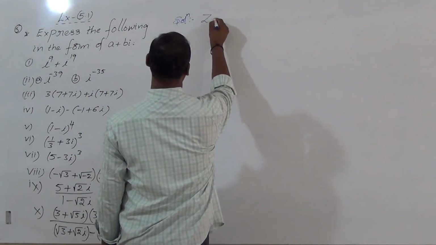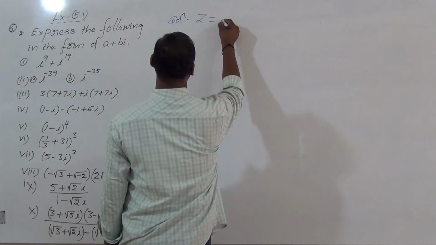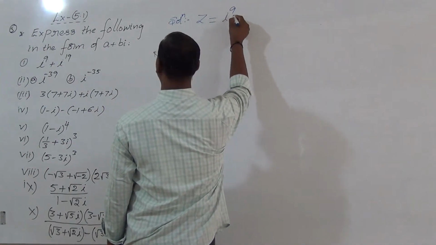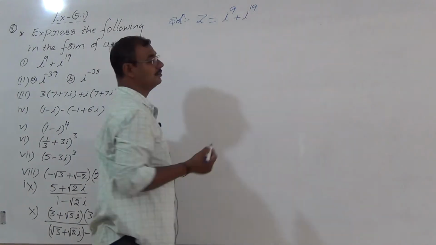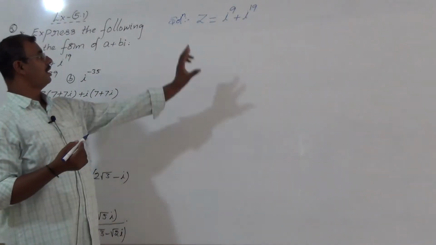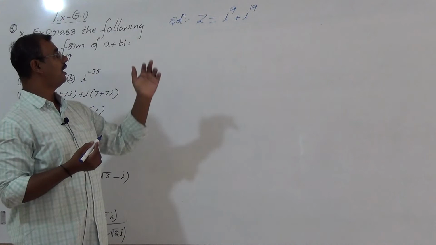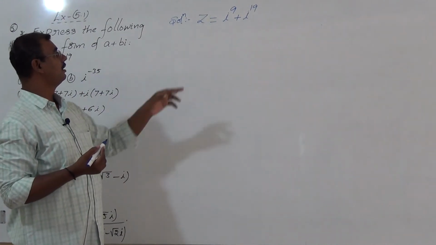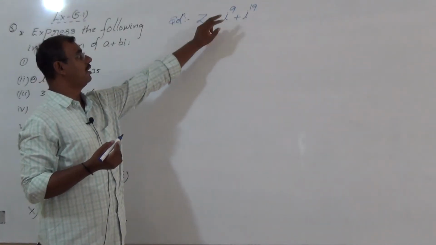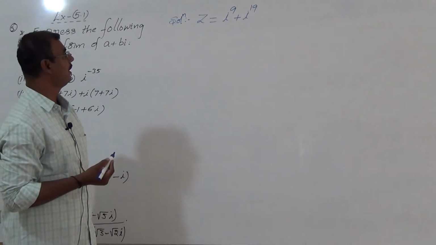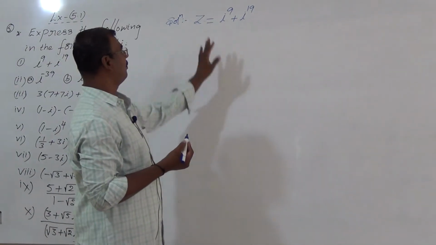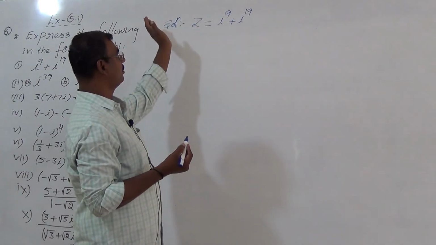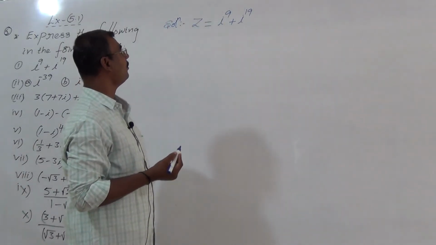Let us take z is equal to I raised to 9 plus I raised to 19. This concept I revised already in the first video, how to find I raised to 9, I raised to 19. If you are not understanding, you have to revise the first video once again.